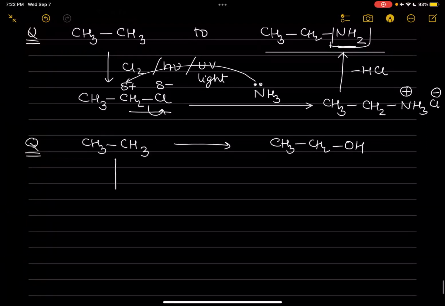So now tell me what I need to do. Which reagent should I use here? NH2 or no? No, first I need to bring in Cl or Br.